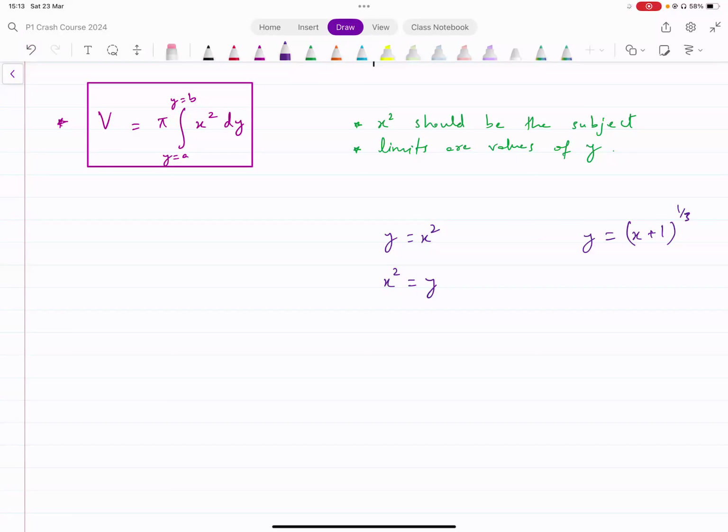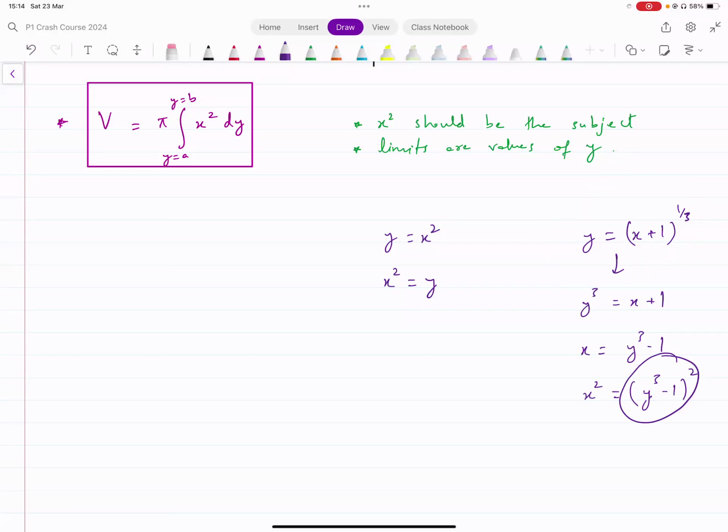Let's say we had a function like this: y equals (x plus 1) whole raised to the power 1 over 3. We would have to make x squared the subject first of all. How would you do that? You would take the cube on both sides. That will leave you with y cubed equals x plus 1. And then it will become x equals y cubed minus 1. And then you would say x squared equals (y cubed minus 1) whole squared. This is what you would need to integrate in that case.